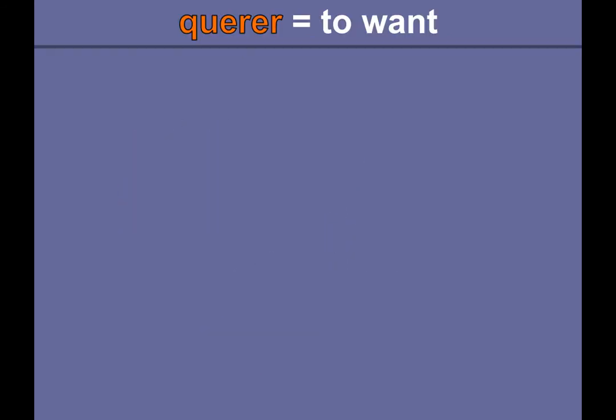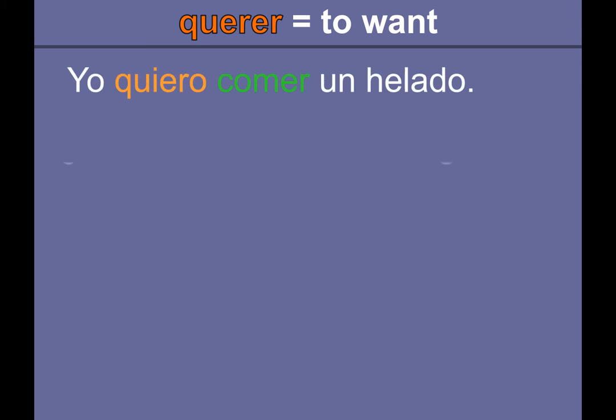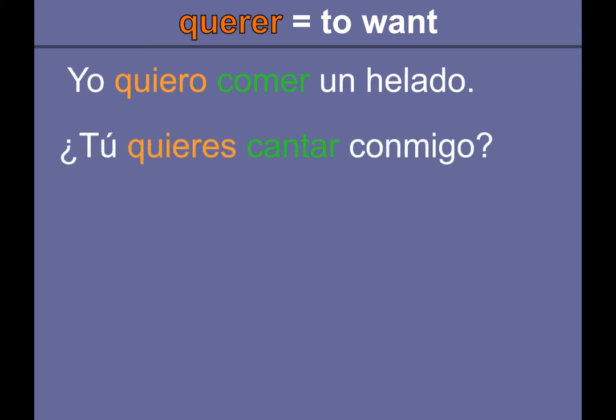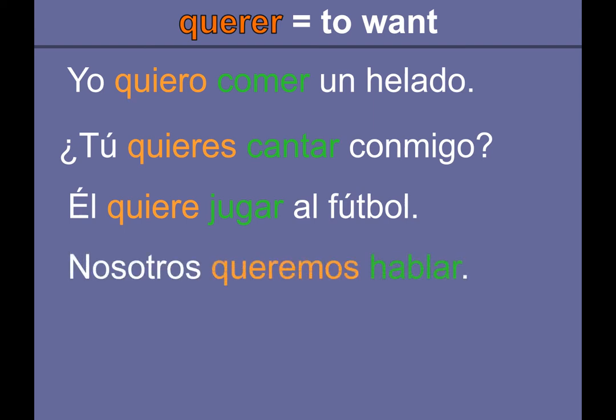Muy bien. Now we know querer means to want. Let's look at these sentences and see if we can see the change. Yo quiero comer un helado. ¿Tú quieres cantar conmigo? Él quiere jugar al fútbol. Nosotros queremos hablar. And ellos quieren correr.